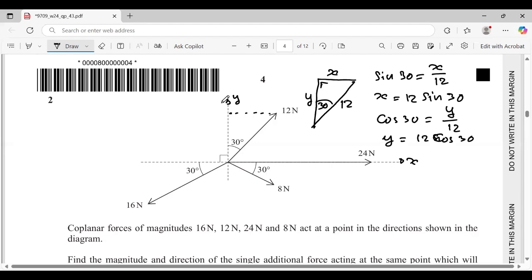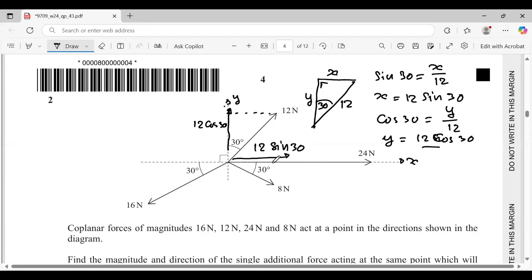So these are the components here: 12 cosine 30 on the y-axis, and on the x-axis there is 12 sine 30.